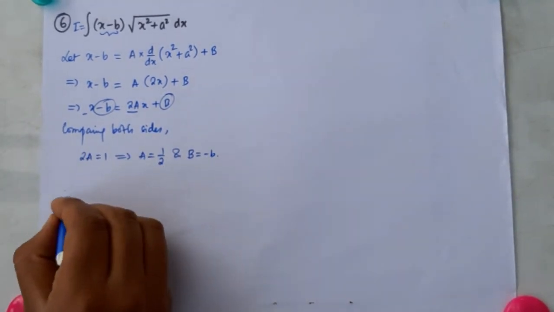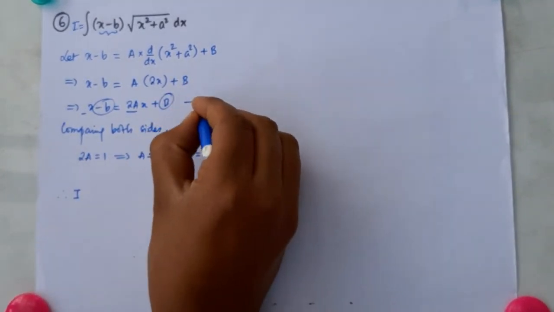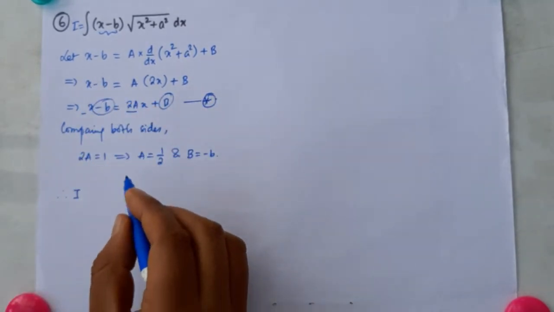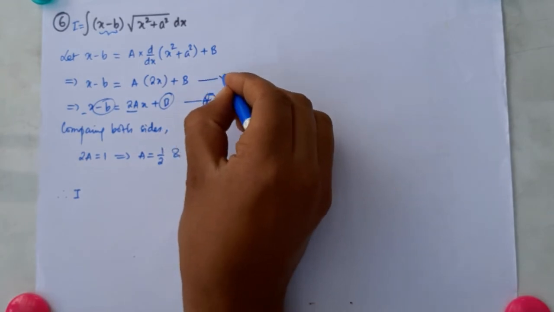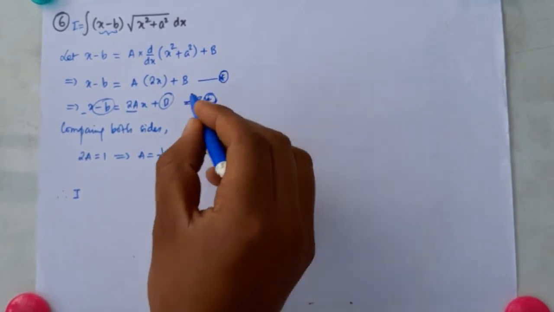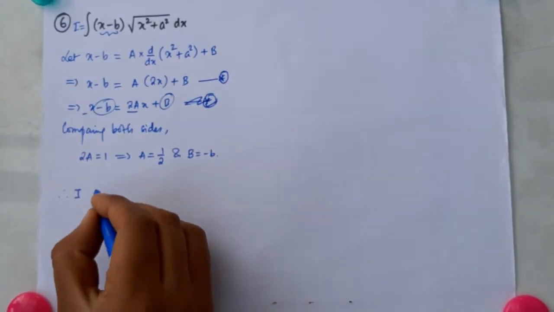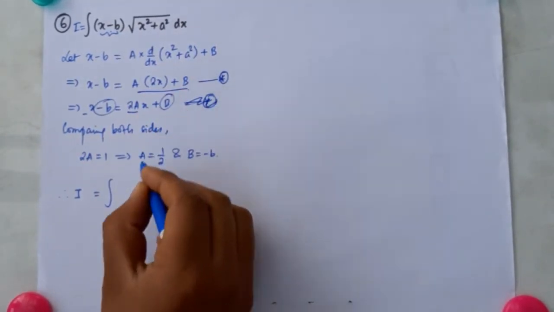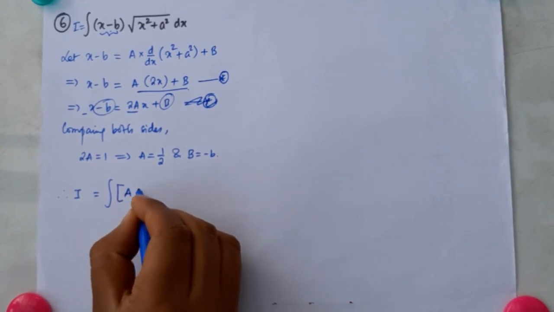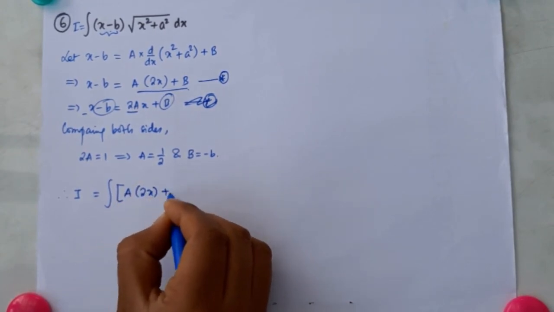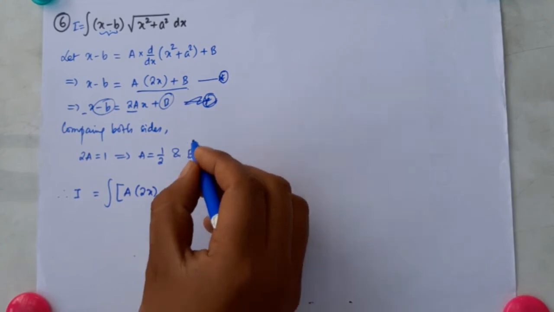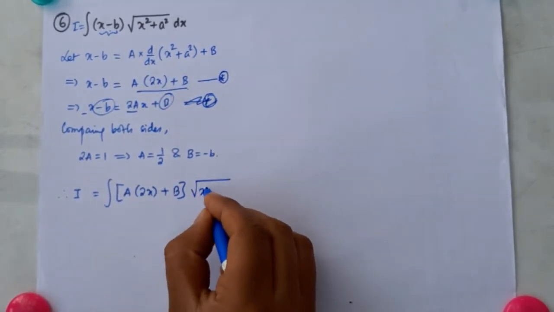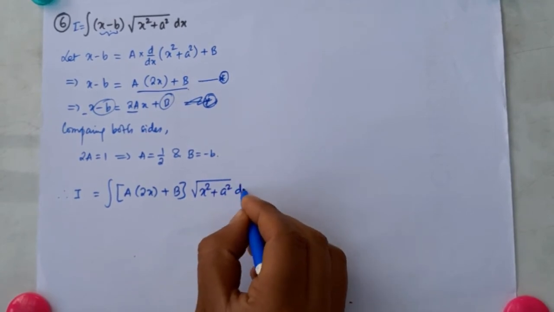Okay, so therefore your integral I, see this step is very important, okay? So this step is very important, so that's why, I'm sorry, this one, not this, the second step. So integral I can be written as integral, so instead of this I have to use this. So it becomes a into 2x plus b, using star, into square root of x square plus a square dx.